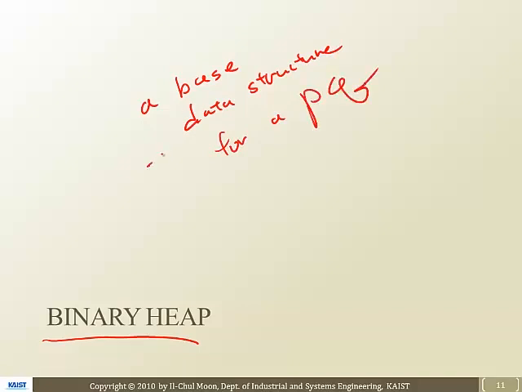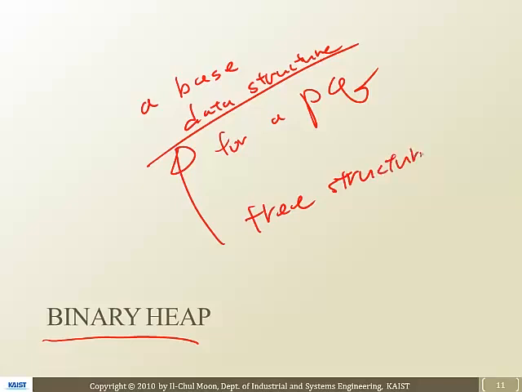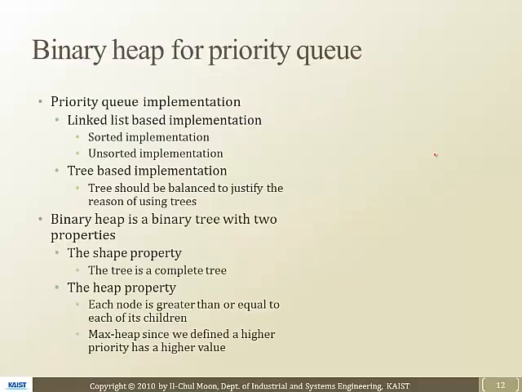And this base data structure will look like a tree structure, and not just a simple tree structure, a balanced tree structure. All right. So today we are going to discuss how we can create a binary heap as a balanced tree structure to implement a priority queue, right? So the binary heap for priority queue.